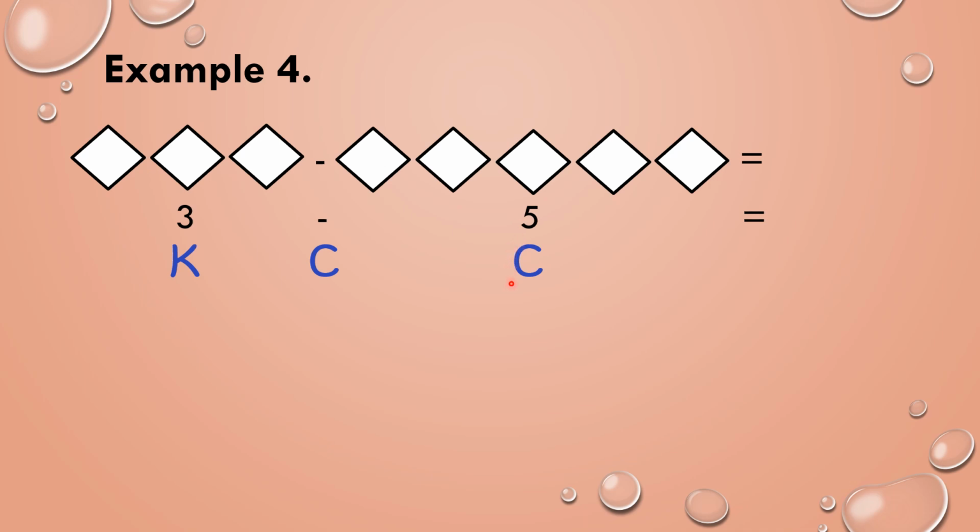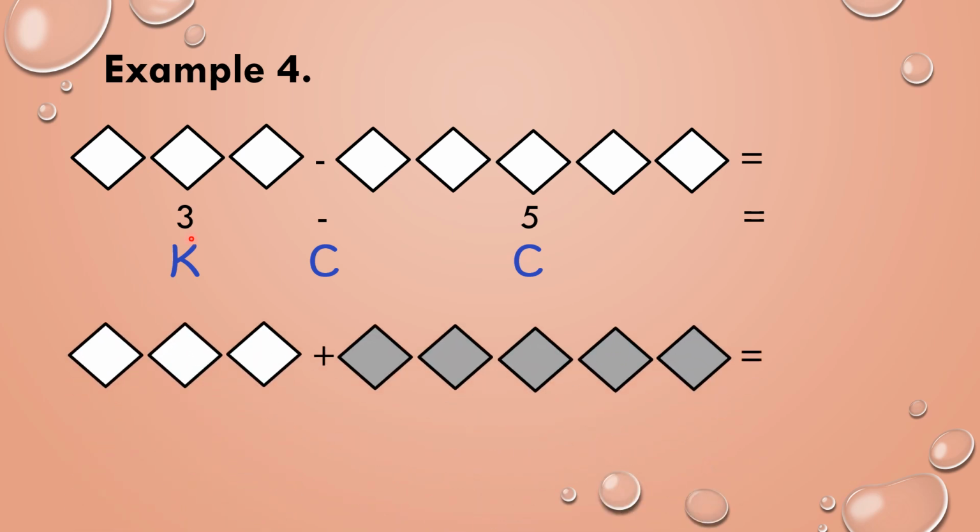So, let us now solve this given equation. So, again, kapag sinabing keep, hindi natin papakialaman yung nakatapat na number. So, 3 will become positive 3. Ganun pa rin. Hindi magbabago ang positive 3. Next, change. Since ito ay minus, gagawin na natin siyang plus.